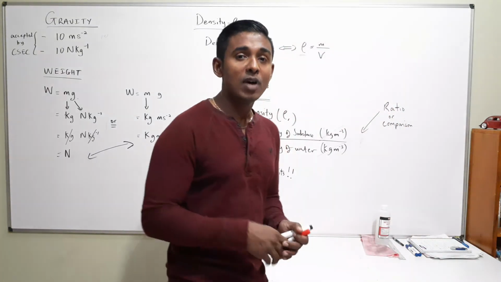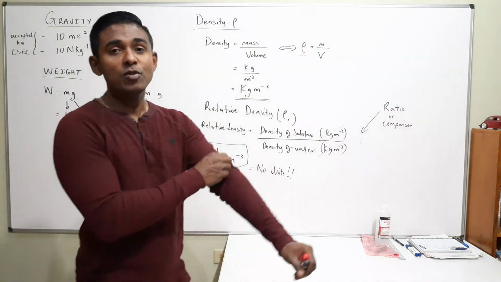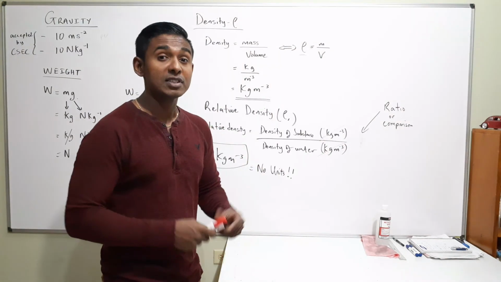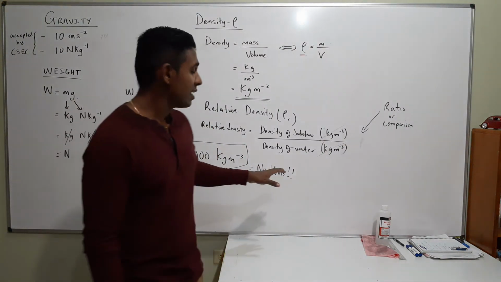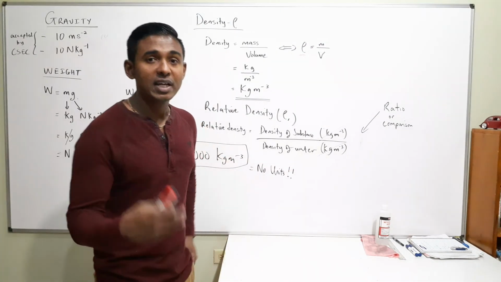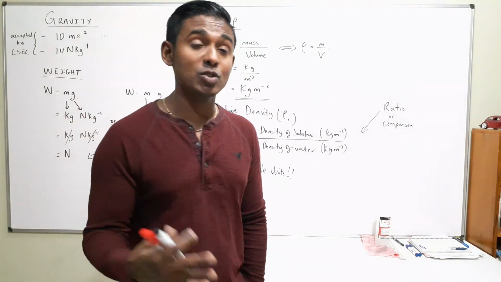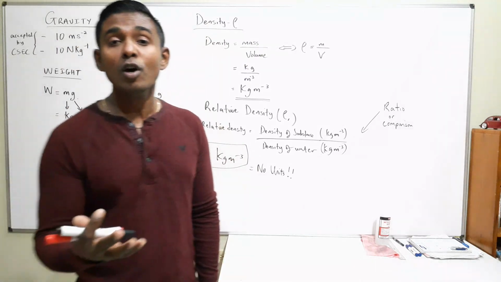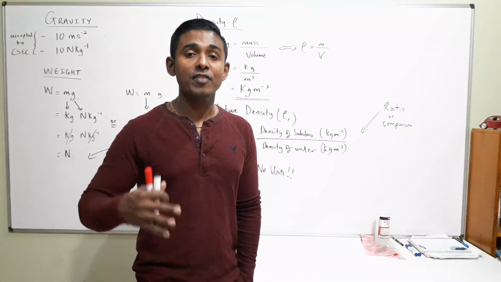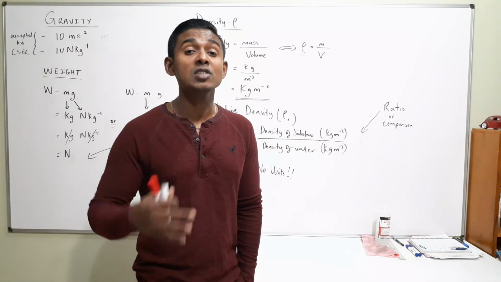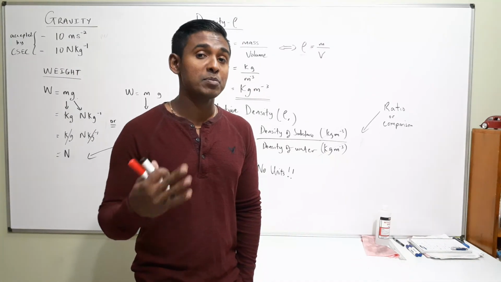So basically, if you are given the relative density of a substance, all you have to do is multiply by the density of water, and you would get the actual density of the substance. So if something has a relative density of 4.5, then 4.5 times 1,000 is 4,500. So the density of the substance is 4,500 kilograms per meter cube.